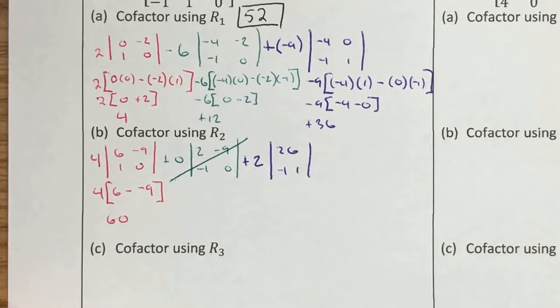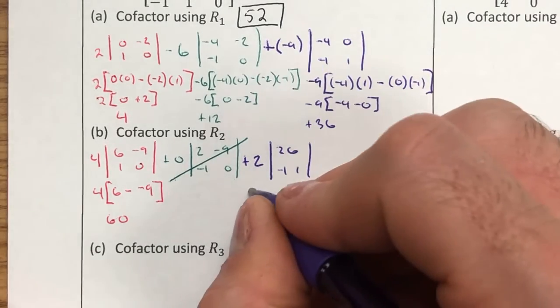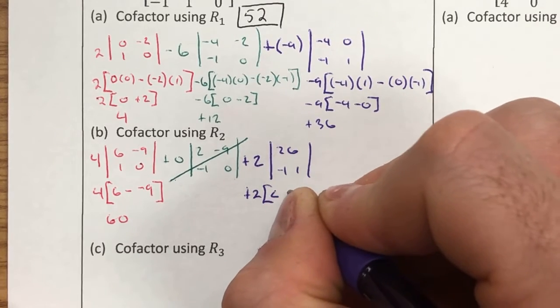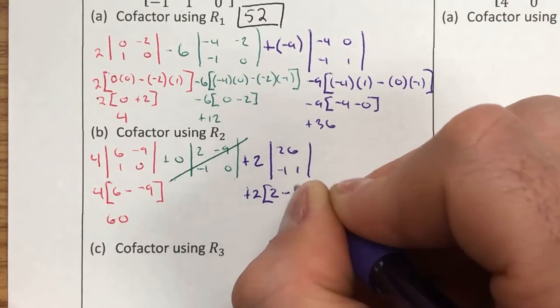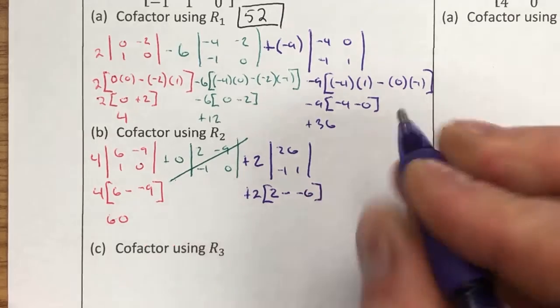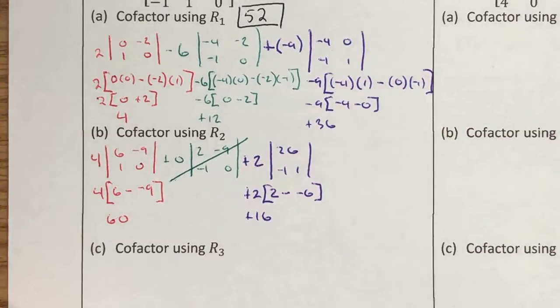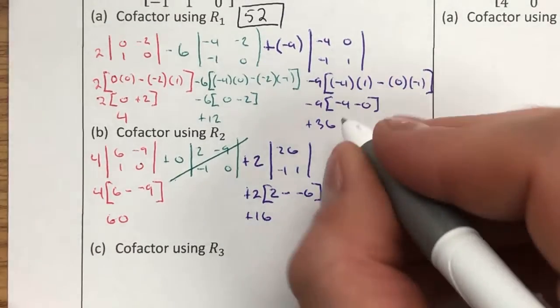We can just jump straight to the third minor. So it's going to be 2 times 1 is 2 minus negative 6. 2 plus 6 is 8, times 2 is 16. 60 plus 16, that's 76. Pause for a moment.